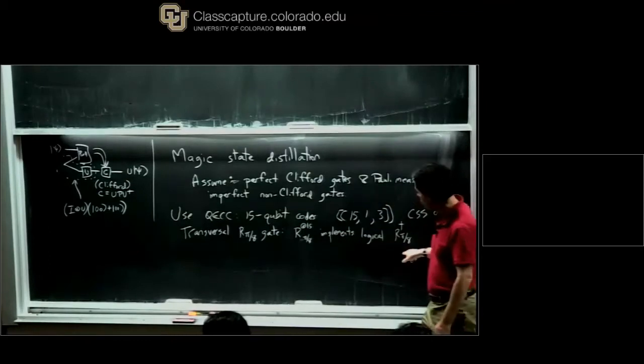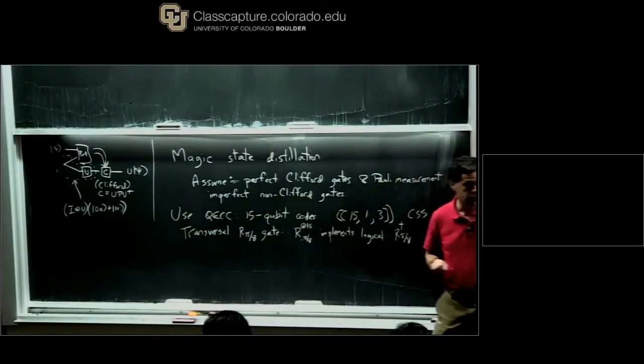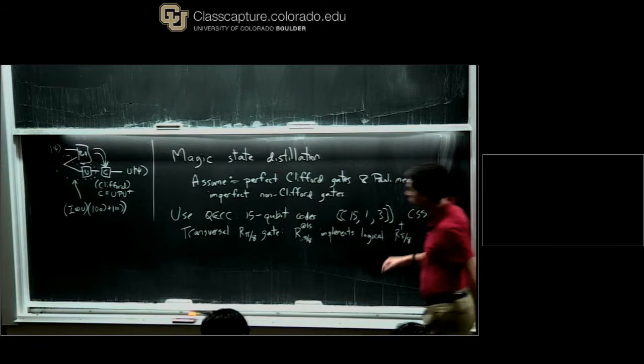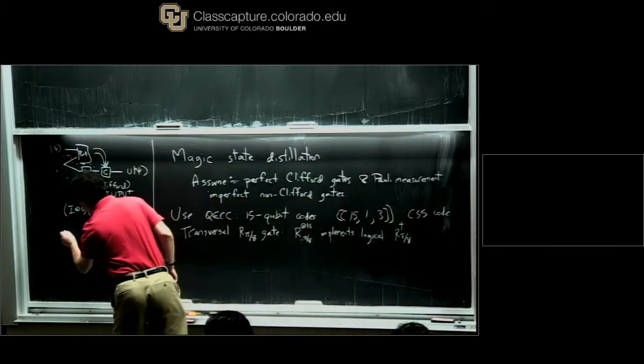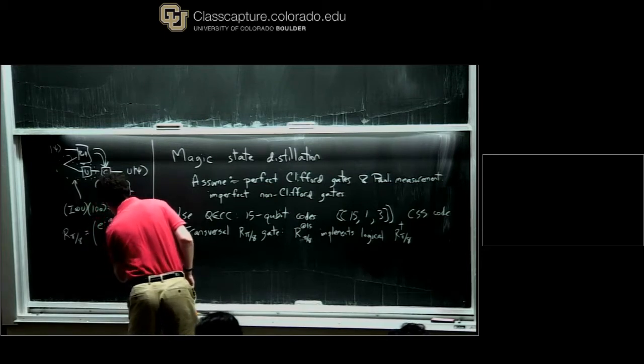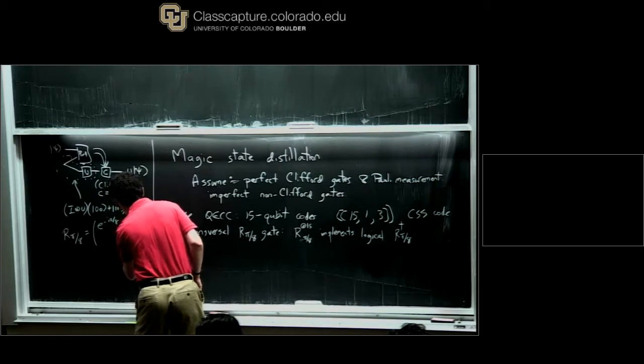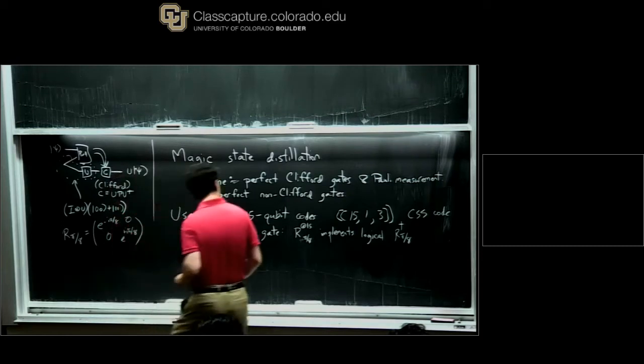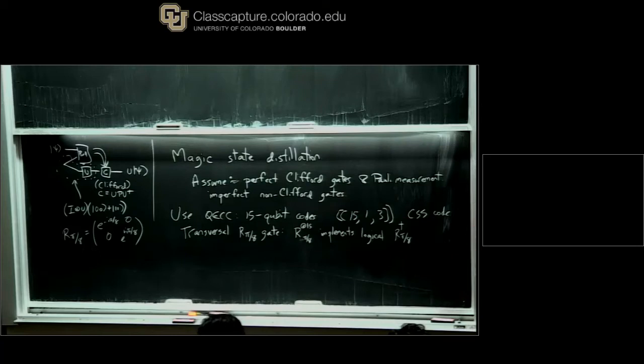Okay, and so once we have this code, let me just write down what that pi over 8 gate is. So once we have that code, here's the way the magic distillation procedure works. So we're going to take, forget about magic states for the moment.